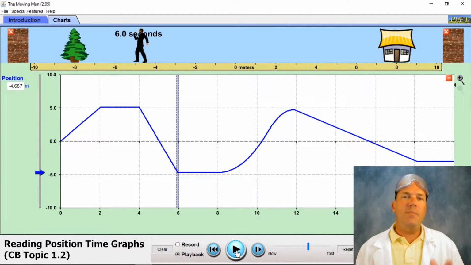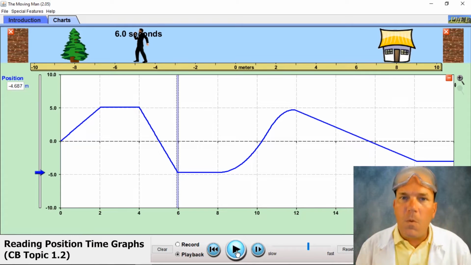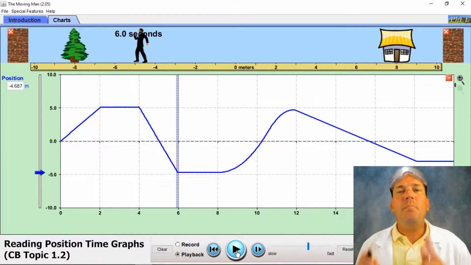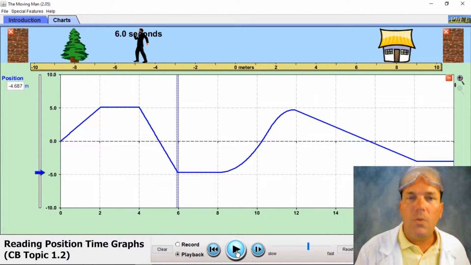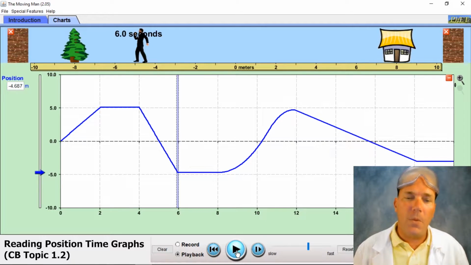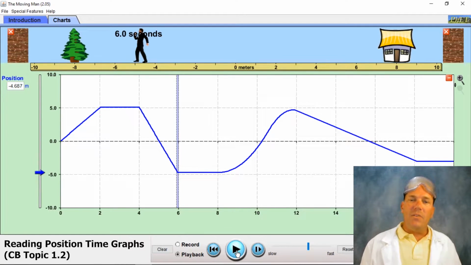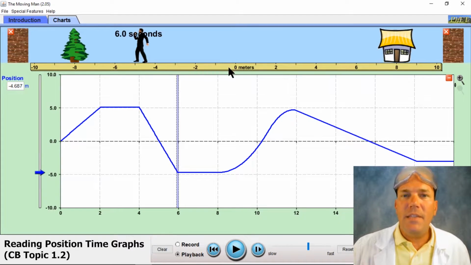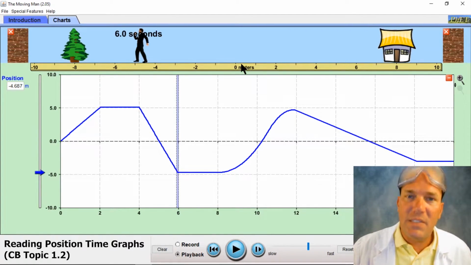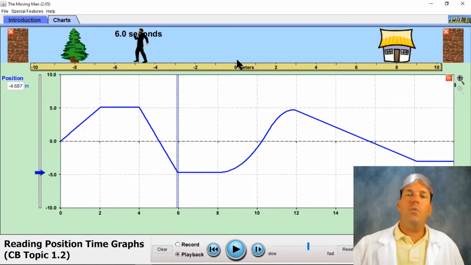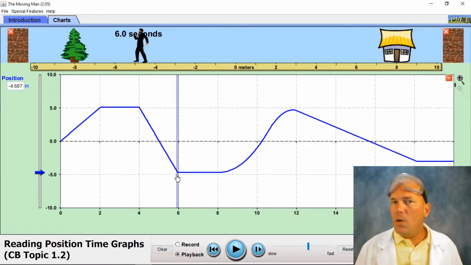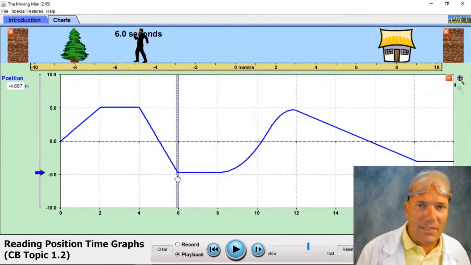Now this man's position is 4.7 meters to the left, or negative 4.7 meters. So notice that this man has gone beyond the starting position. And so graphically, we see the graph come below the x-axis.